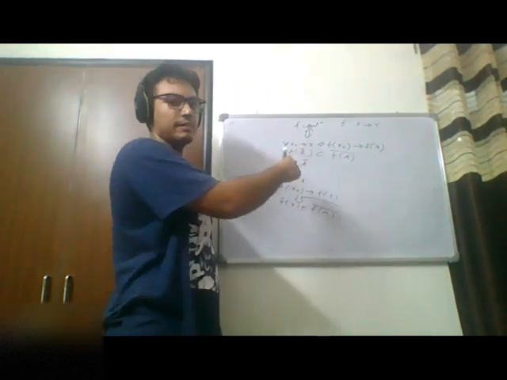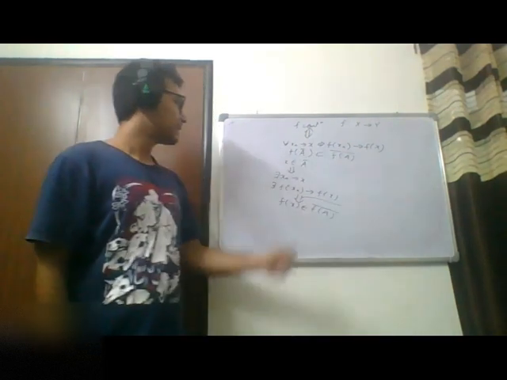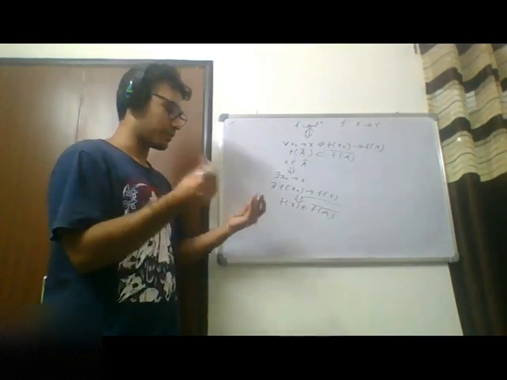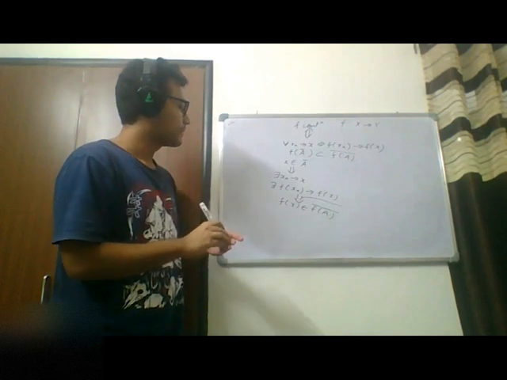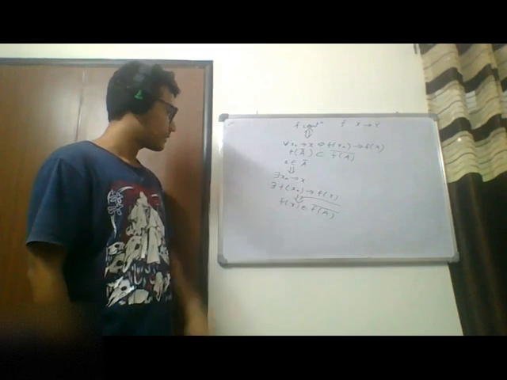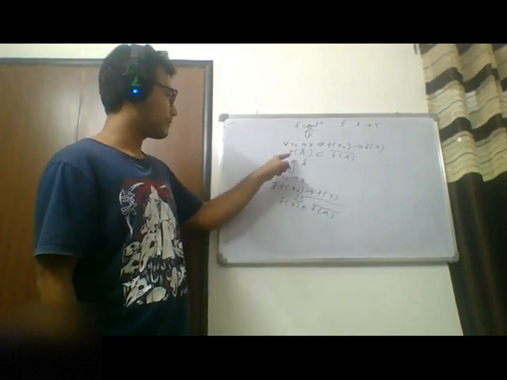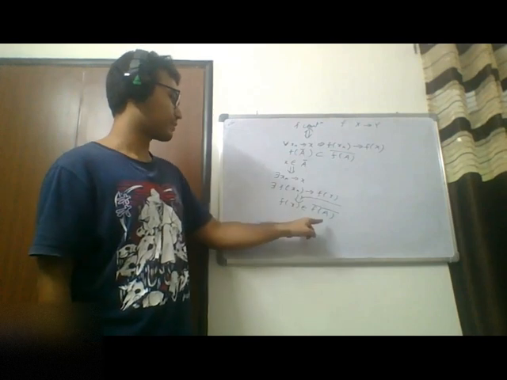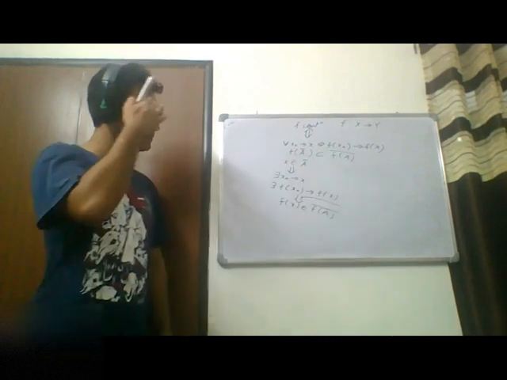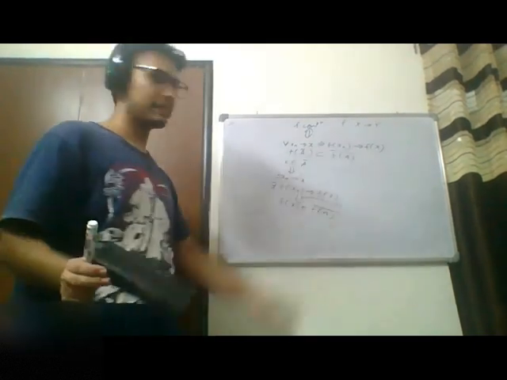The other one required the metrizability of X, or just the first countability axiom. But this implication is given to you for free. So we just proved that x belongs to a closure implies f of x belongs to f of a's closure. And we're done because this is the continuity criterion.